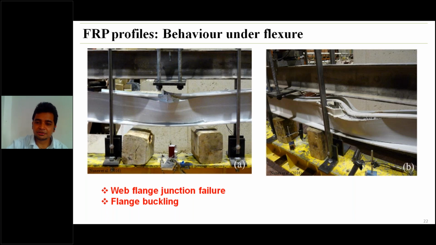The web-flange junctions in GFRP profiles are a weak point. In many cases, you will find that GFRPs fail first at the web-flange junction, and other failures come later on. So this is a great concern.